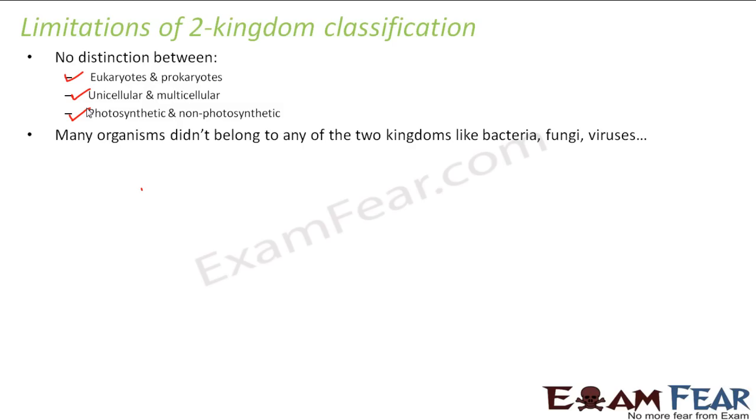So it was also seen that there were some organisms which resembled neither the plants nor the animals. So they were either forcefully made to enter a particular group, or they were just lying outside. They were neither in plants nor in animals. So because of these major limitations, the two kingdom classification was again a flop.